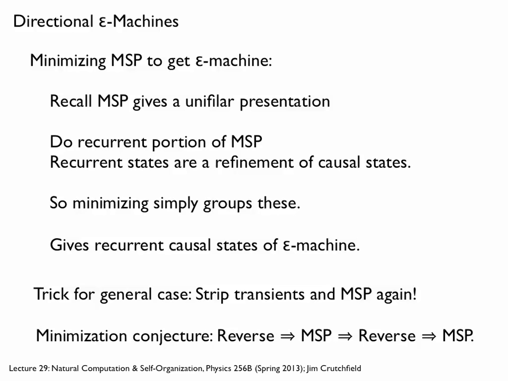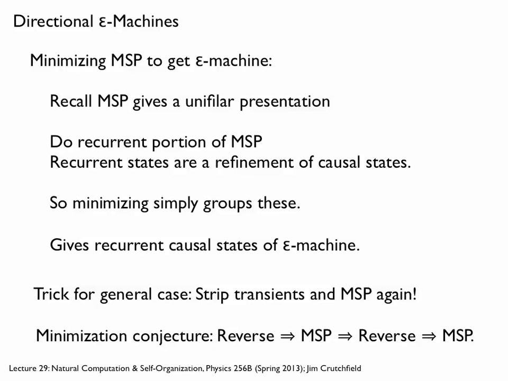In fact, we're now working on a conjecture based on some recent work in theoretical computer science and automata theory on the minimization of finite state machines: if you reverse, calculate the analog of what I call the Nerode equivalent states, and then reverse again, you end up with a minimum machine.